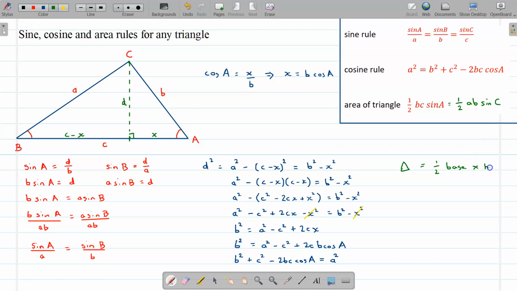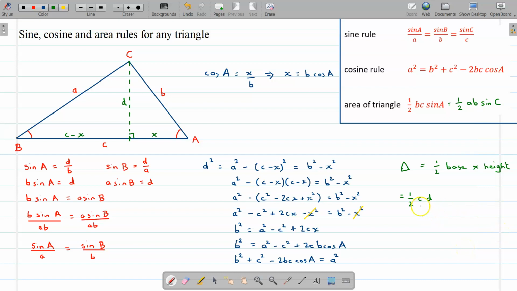Okay, that's what you're familiar with from the days before you learnt about these rules. Now, we can see on our triangle here that the base is c and the height is d. So in our example, it's a half of c times d, half base times height.